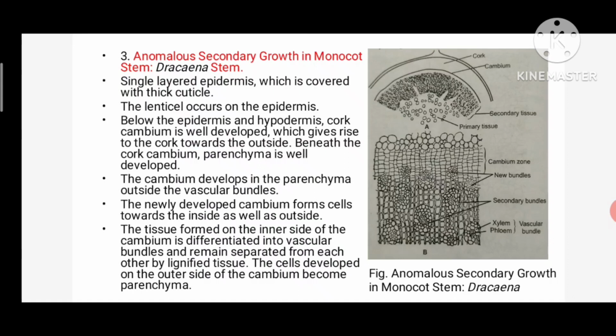The tissue formed on the inner side of the cambium is differentiated into vascular bundles and remains separated from each other by lignified tissue. The cells developed on the outer side of the cambium become parenchyma.